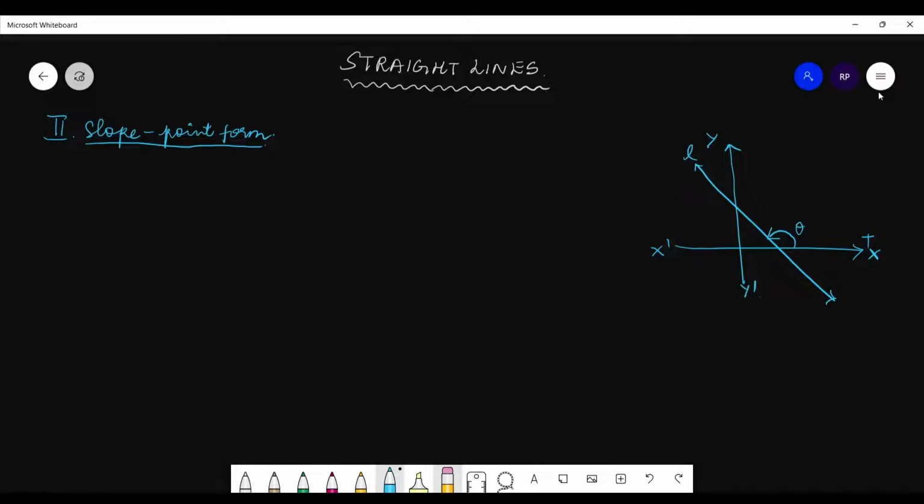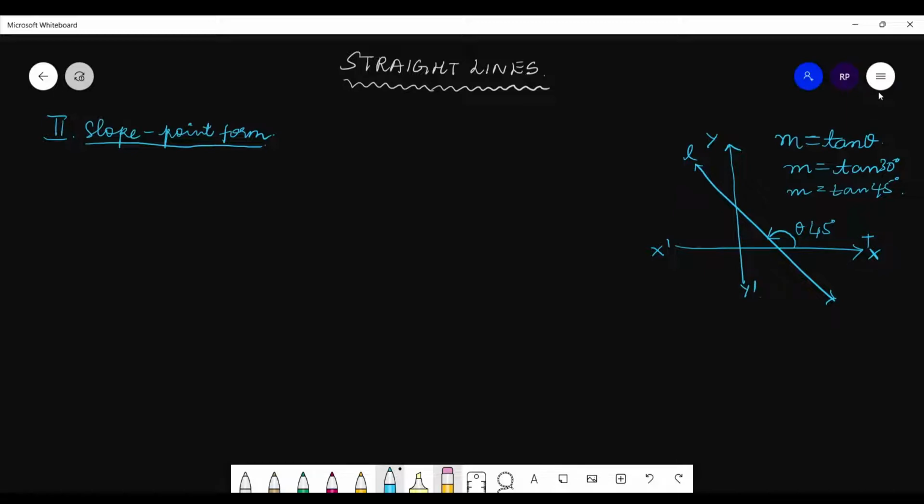And we all know the slope of the line is given by m, it is equal to tan theta. So say if theta is 30 degrees here, the slope of this line is going to be tan 30. If theta is 45 degrees, the slope of this line is going to be tan 45, right? So that is about the slope of a line.